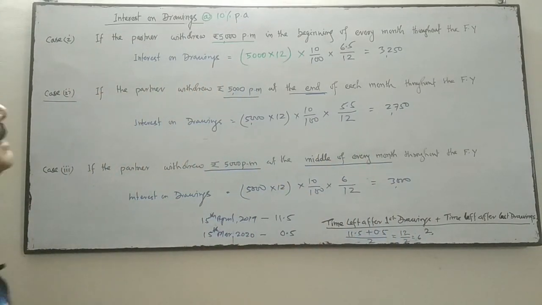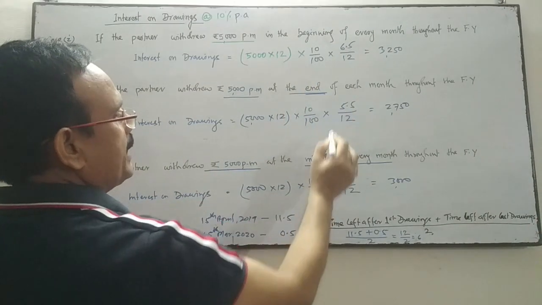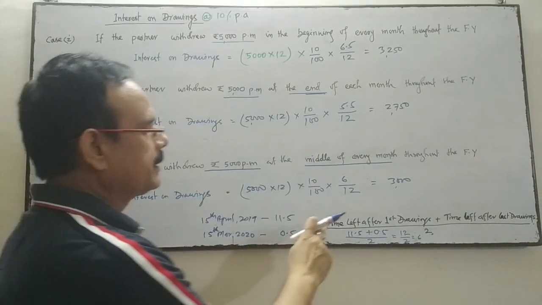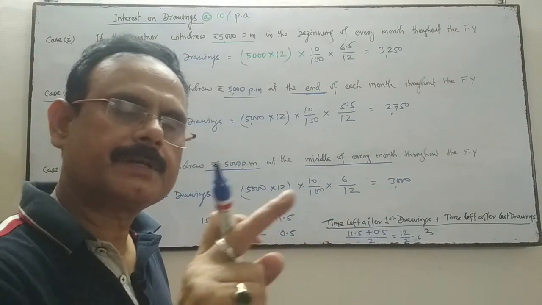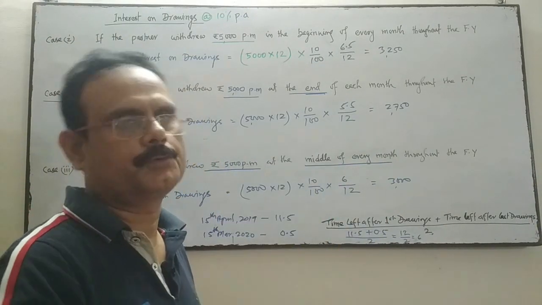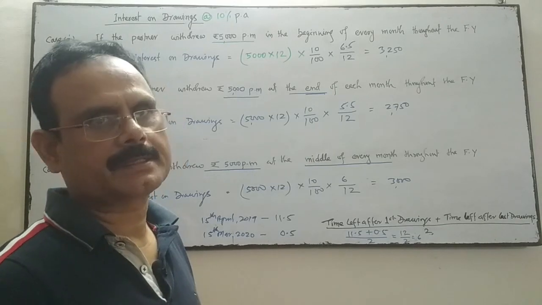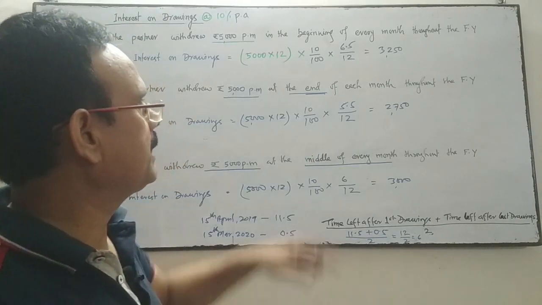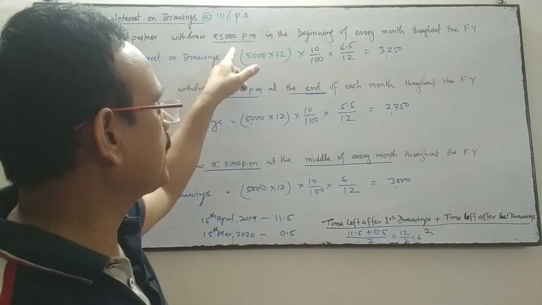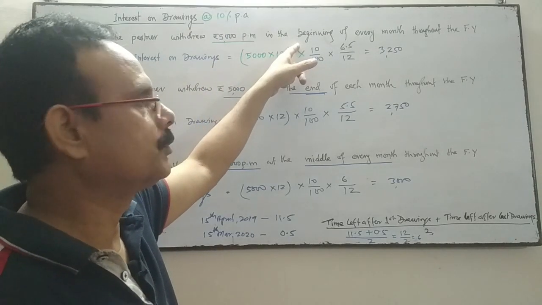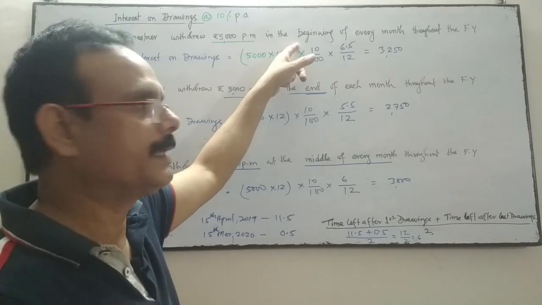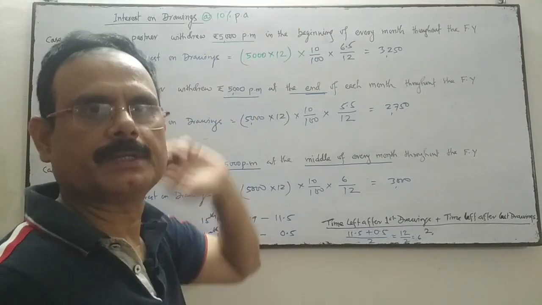So this period is calculated on the basis of time left after the first drawing plus time left after the last drawing upon 2. We will find out the average time. So average time, if the amount withdrawn by the partner is a fixed amount at the beginning of every month throughout the year, is 6.5 months.